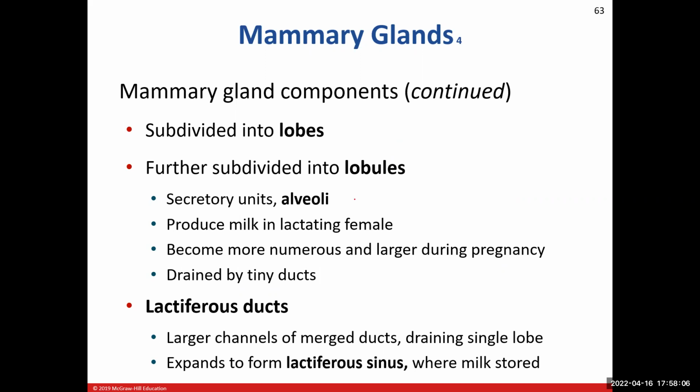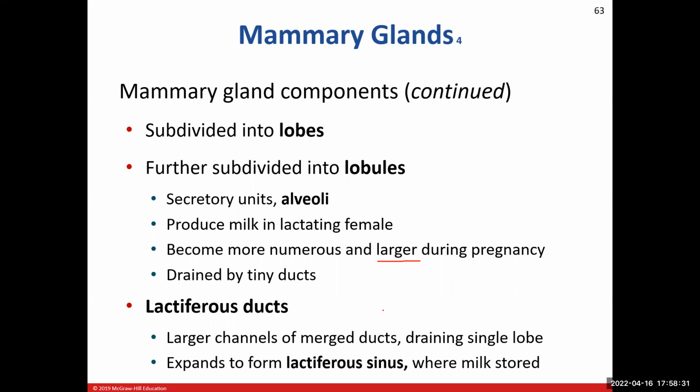And not only will we see a larger number, but they'll become larger in size. And so from the lobules, you'll have a duct that is going to drain into a larger duct, and then eventually we'll talk about it here into the lactiferous ducts. So these lactiferous ducts are going to receive smaller ducts that come from one single lobe.